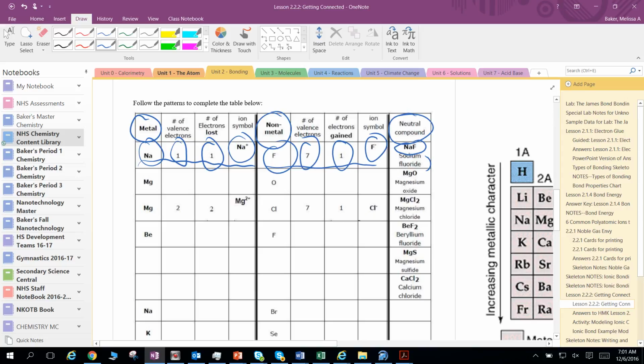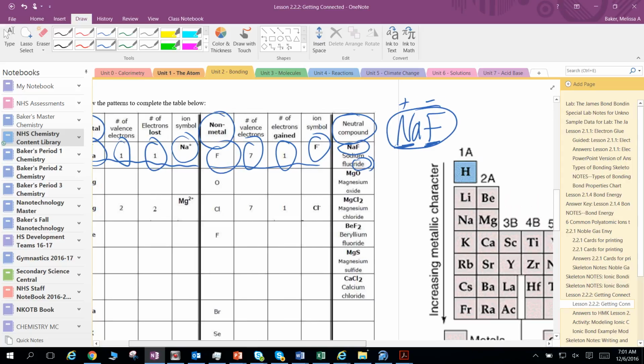So I call this the soulmate because Na's got a +1 charge. It wants to give 1 electron. And fluorine wants to gain 1 electron, so it forms a -1 charge. So when the two are together, we've got NaF, and they name it not sodium fluorine, but they change the ending to sodium fluoride.